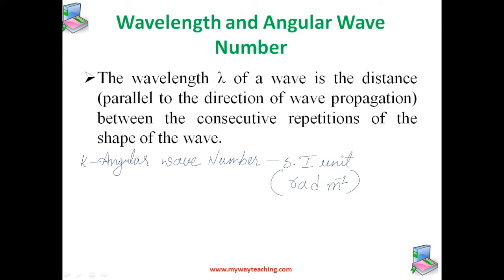Okay, so this is about the wavelength and angular wave number. The wavelength lambda of a wave is the distance between the consecutive repetitions of the shape of the wave. For simplicity, we can say it as the distance between consecutive crests or consecutive troughs.